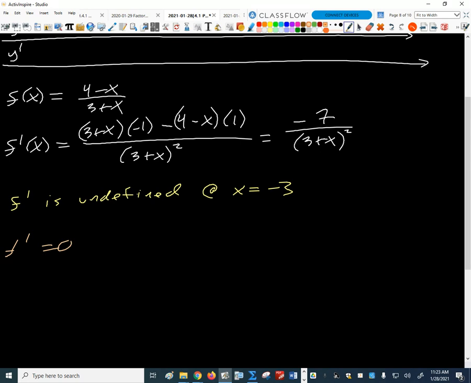Where is it equal to 0? There's my derivative function. Where is a fraction equal to 0? Just use your fingers and kind of use some creative sign language here.